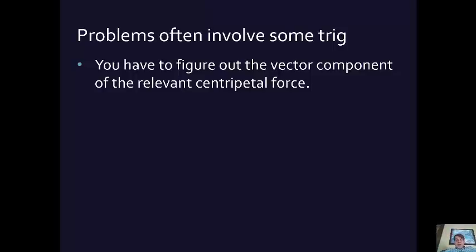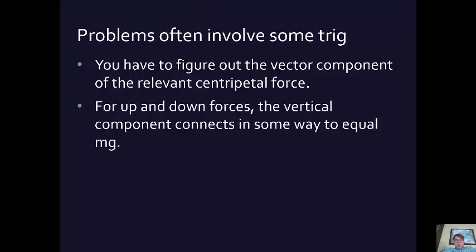It's not straightforward. And so using trig, you know that the cosine of an angle is the adjacent side of the triangle divided by the hypotenuse. And so you can use that, if you know the angle, to figure out what the adjacent component is, and so forth. So some trig is involved in solving these problems.